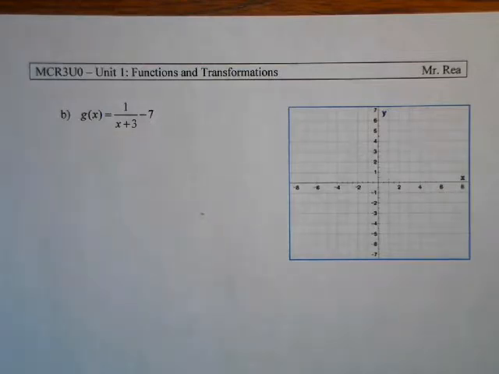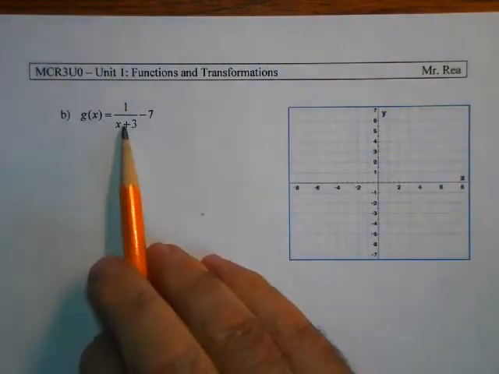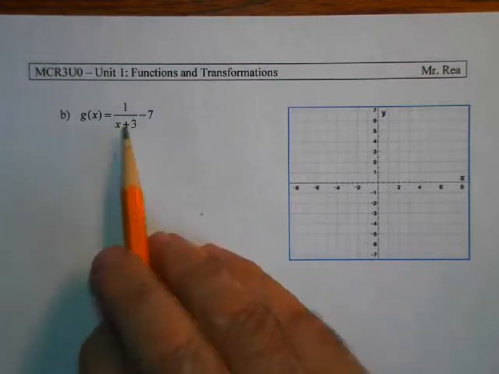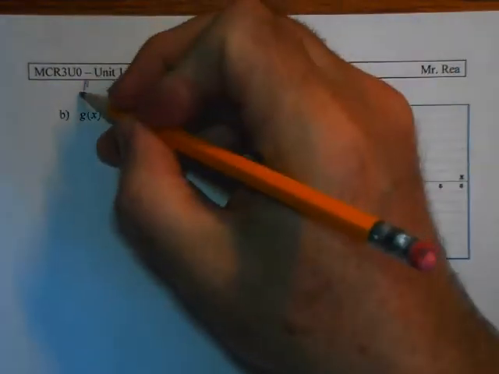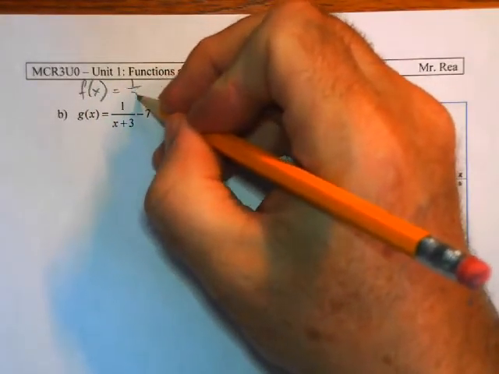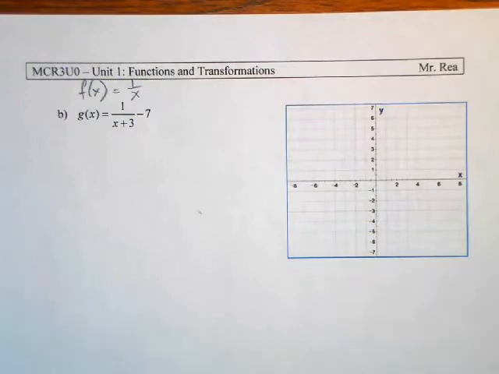If you remember my hints for how to know which base function this developed from, the fact that the x is on the bottom of a division bar tells you the original function was f of x equals 1 over x, the reciprocal function.